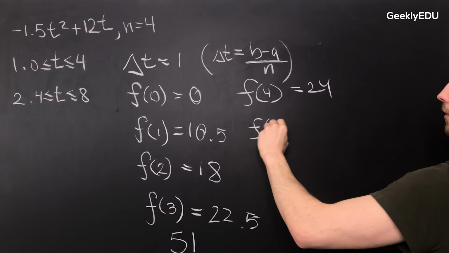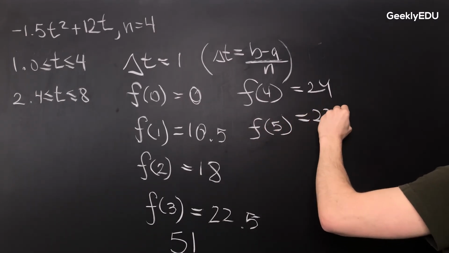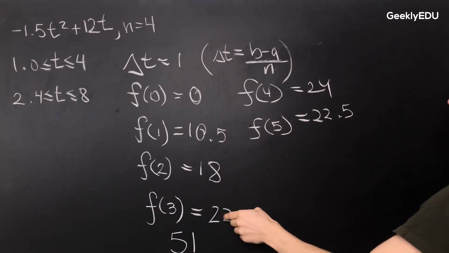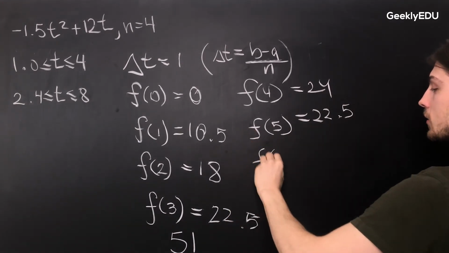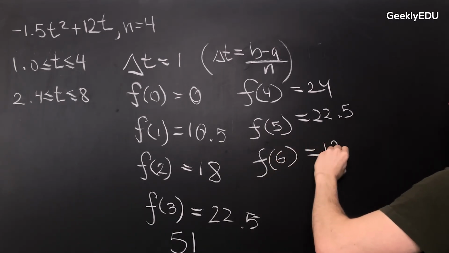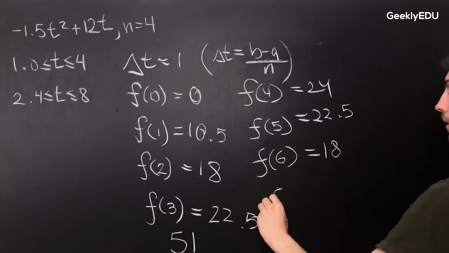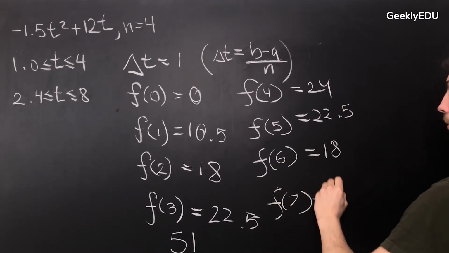And f5 gives us 22.5. So it kind of mirrors the first 4 hours. f6 gives us 18. And f7 gives us 10.5.